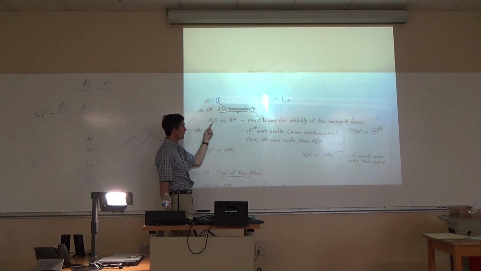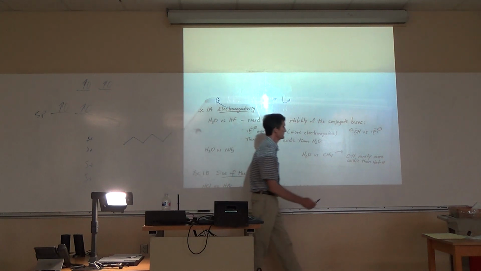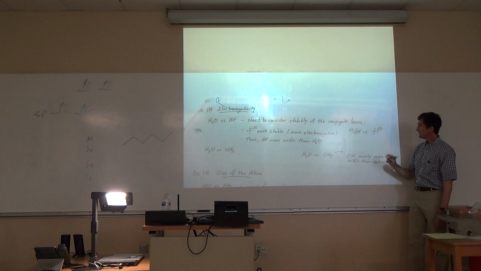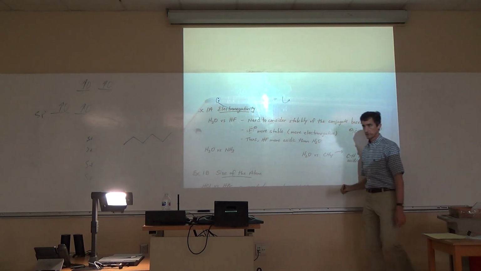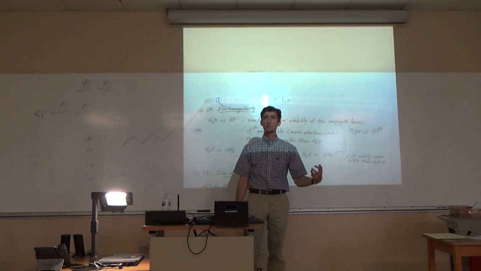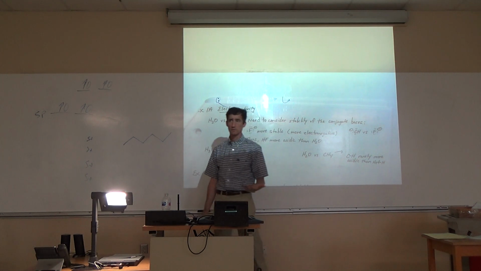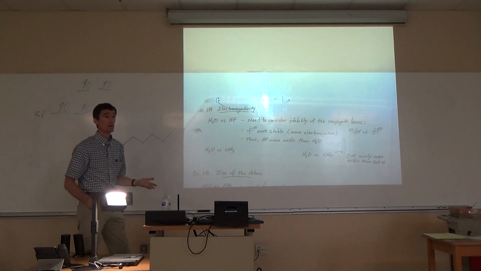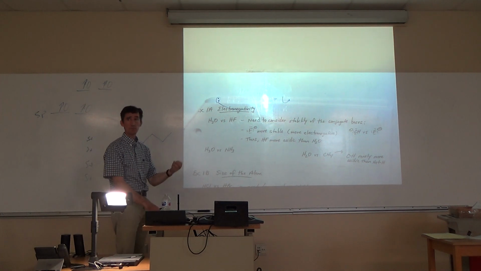What's the conjugate base of water? Hydroxide. What's the conjugate base of HF? F minus. A large number of you probably do not know how to show conjugate bases for any given molecule. You've got to be able to do that to start. But you should have learned that in Gen Chem. If you need a refresher, pull out your Gen Chem book and look at conjugate bases.